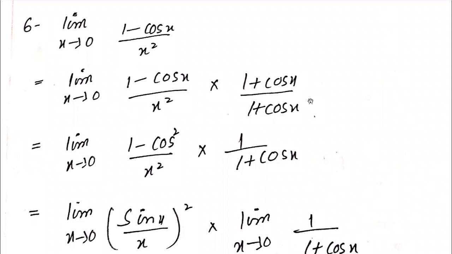Then what we get if we multiply and divide: here is 1 minus cos square x, and here is x square times (1 plus cos x). 1 minus cos square means sin square. So sin square x upon x square, and you simply write (sin x over x) whole square into 1 upon 1 plus cos x.